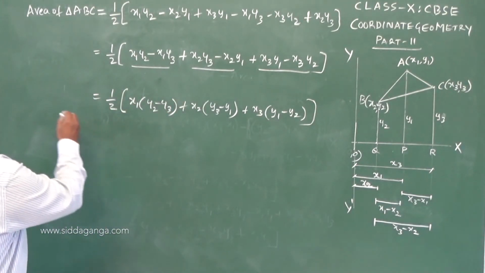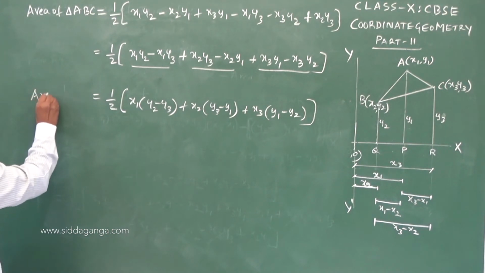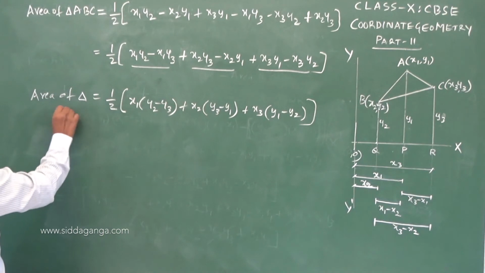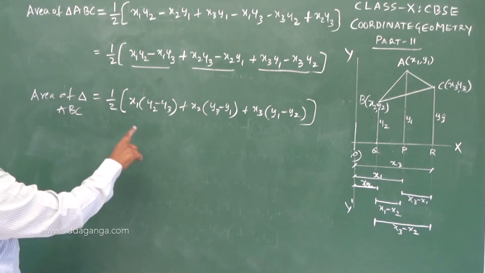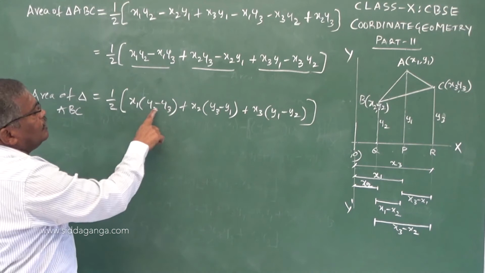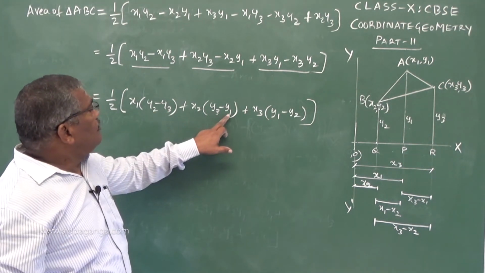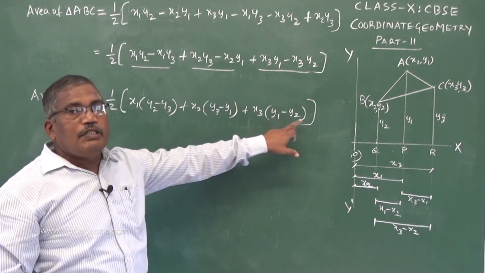So, area of triangle ABC will be half of x1 into y2 minus y3, plus x2 into y3 minus y1, plus x3 into y1 minus y2.